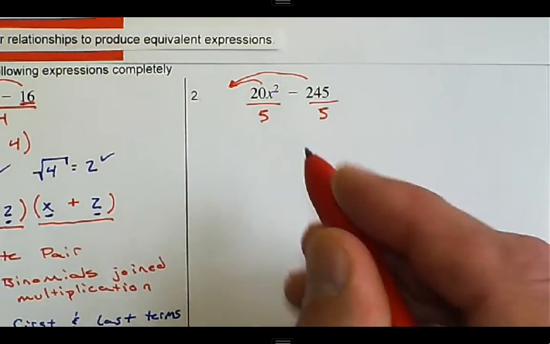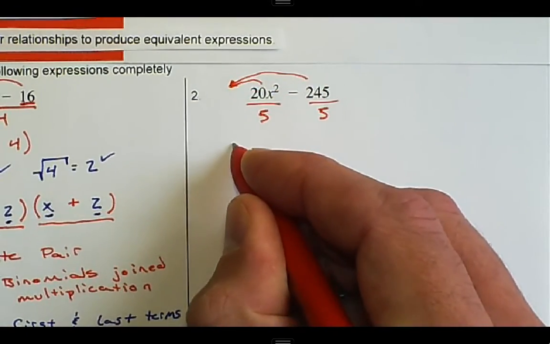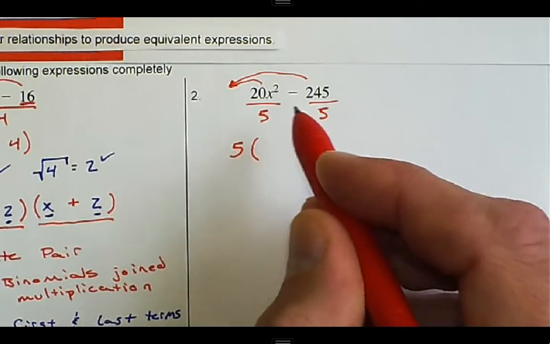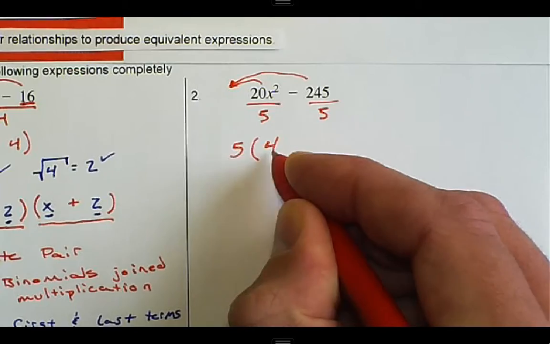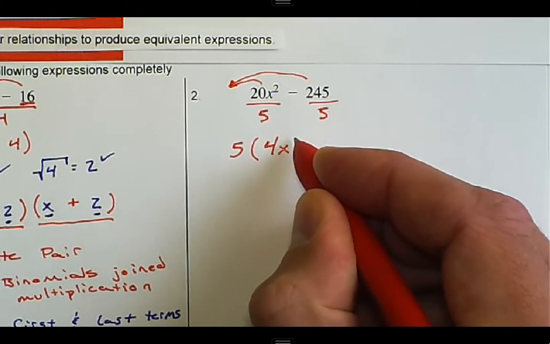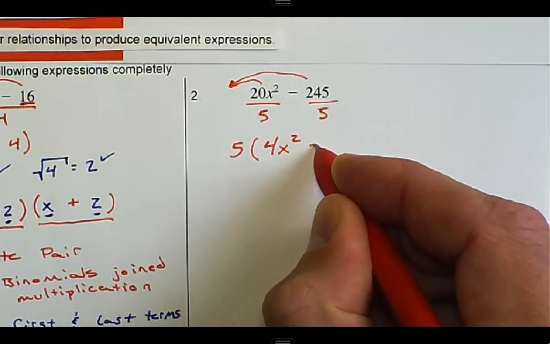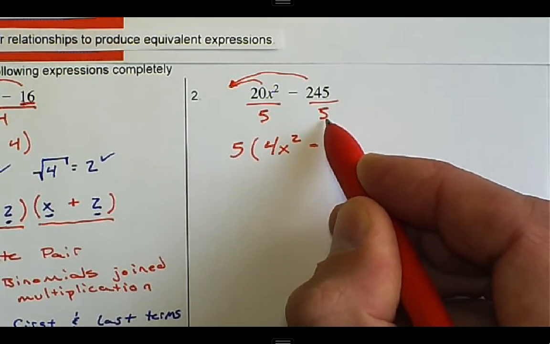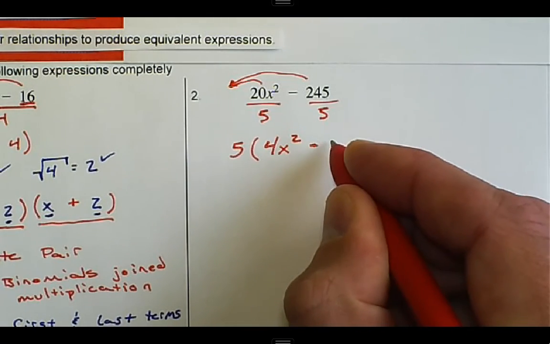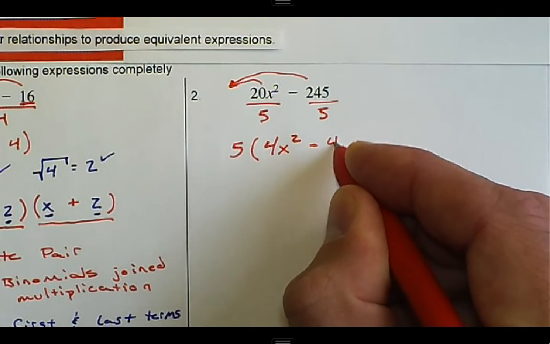The 5 is going to stay out front of the parentheses. 20 divided by 5 ends up being 4, and we can't divide the x, so that remains x squared. Bring down the minus sign, and 245 divided by 5 is 49.